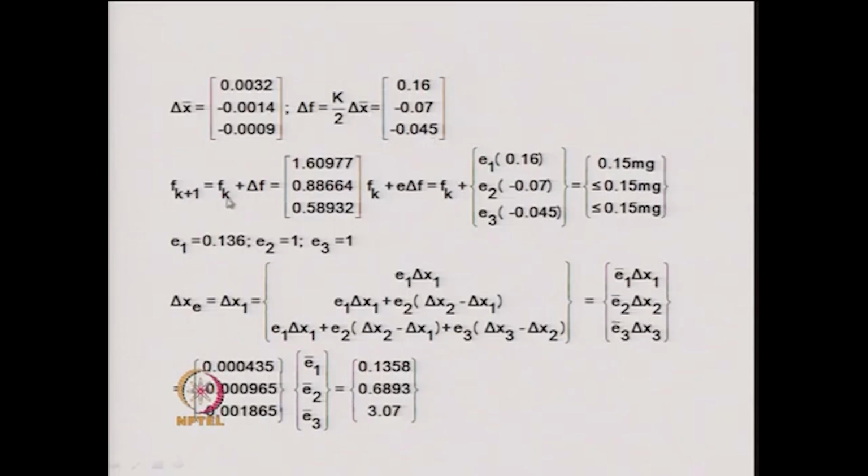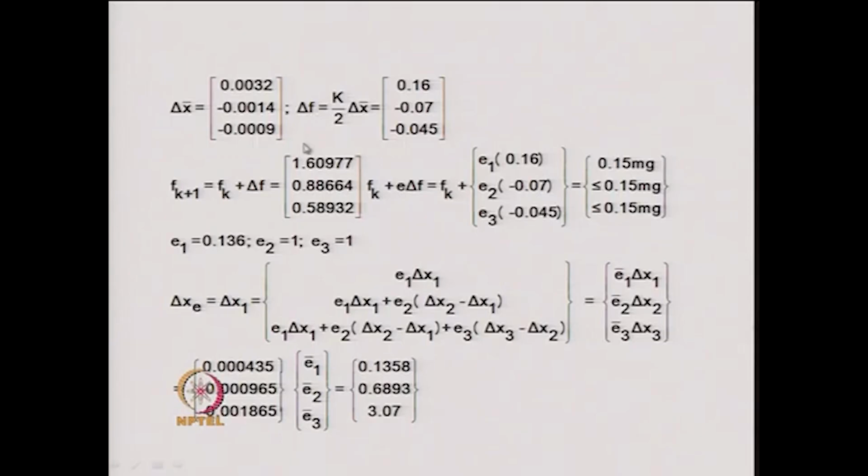At kth time station Fk, the values were given. So, to that values delta f is added to find out Fk plus 1, that is for the current time station, and it is found that the shear force in the bottom column exceeds the 0.15 mg, that is the yield shear.